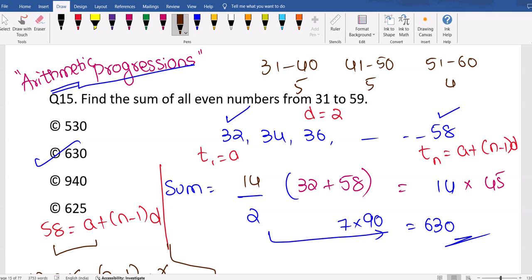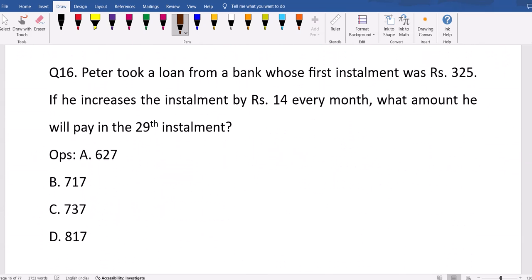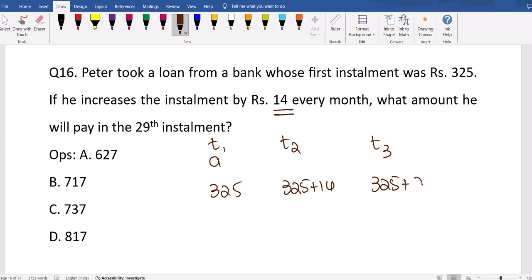Okay, so let's see the next question. Progressions. Every month 14 rupees increasing. Initially 325 is the first term. Second installment 325 plus 14. Third installment 325 plus 2 into 14. 29th installment is what?